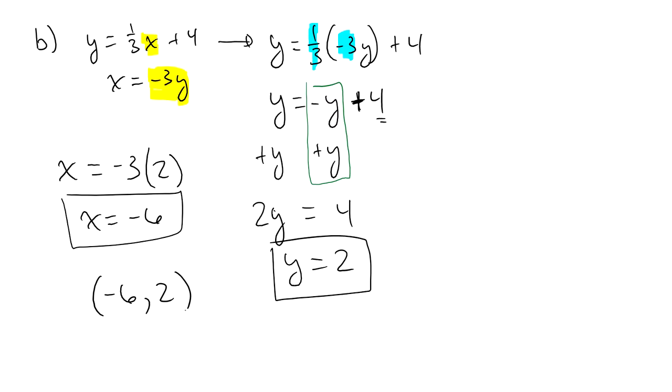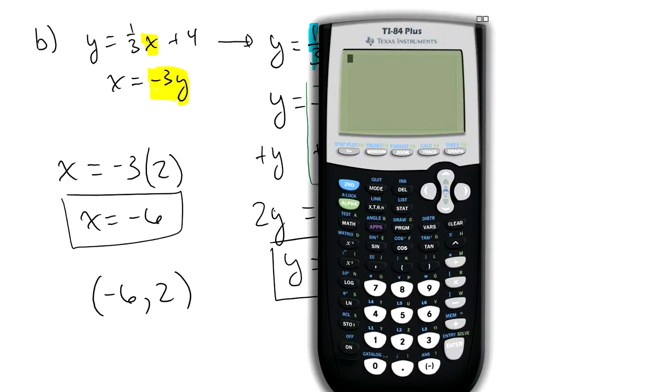That's how I got the negative 6 out of it. But let's plug it into the first equation. If I take 1/3 times negative 6, and you know what, I will do this with the calculator, although the arithmetic's pretty simple. I'll do 1/3, and I'm going to multiply that by the number negative 6, the opposite of 6.